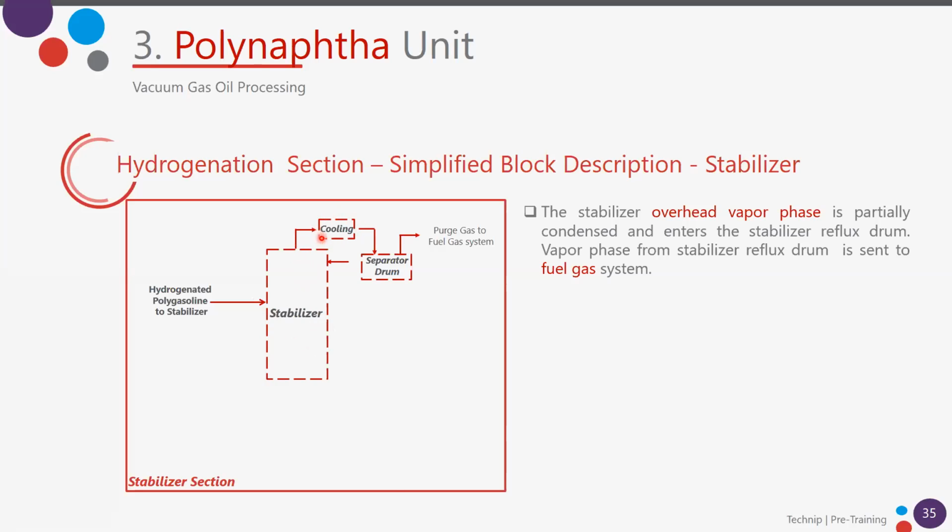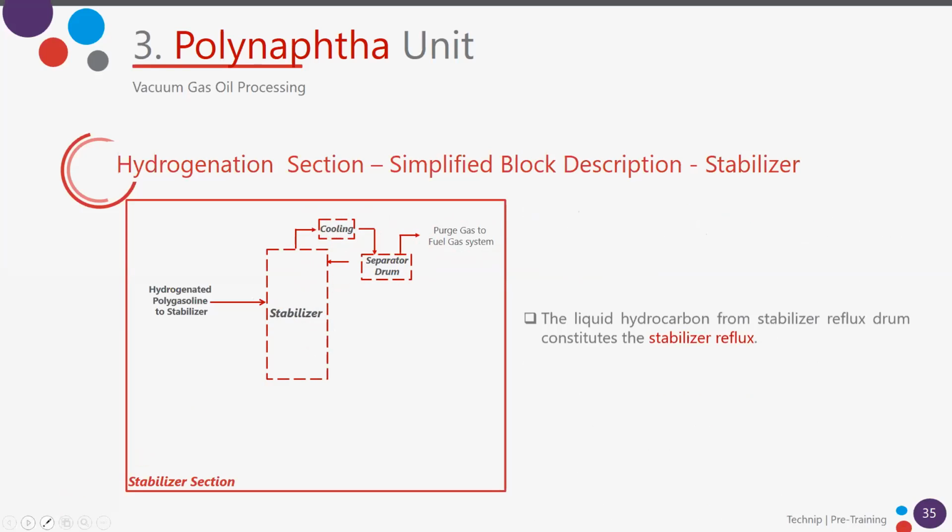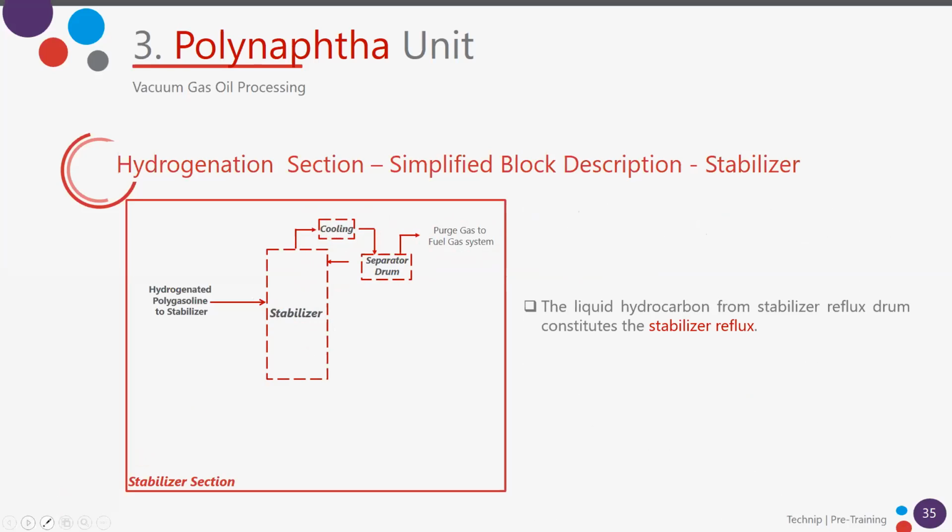You cool this stream from the top of the stabilizer, and you go to this separator drum. The lighter components will be sent to this fuel gas system, and part will be recycled. The liquid hydrocarbon from this reflux drum is the reflux that goes back to the stabilizer.